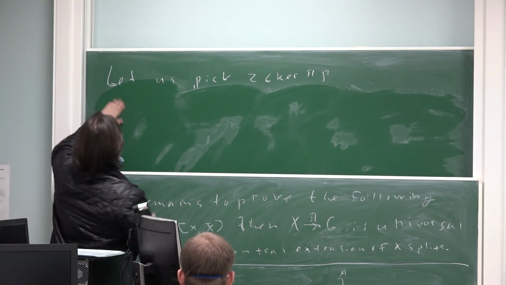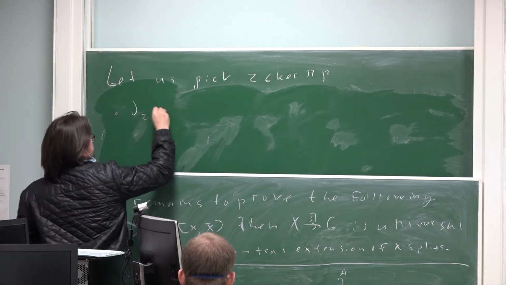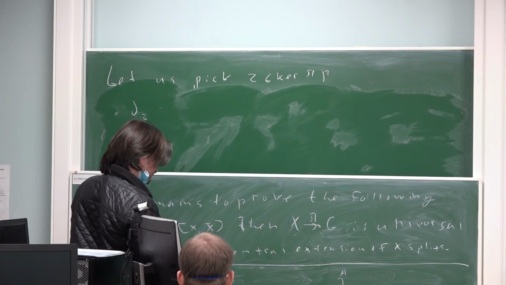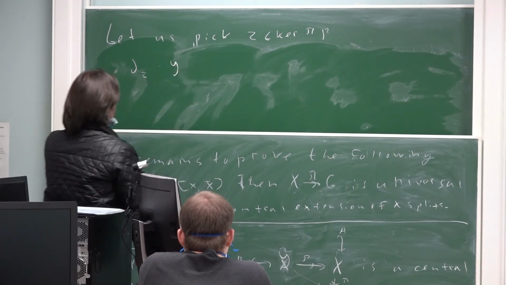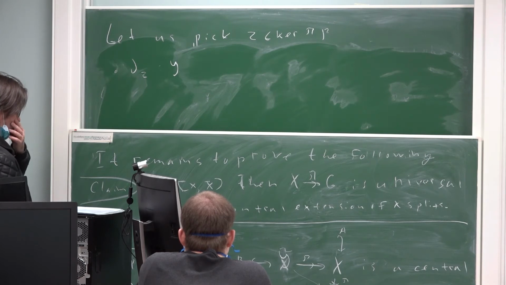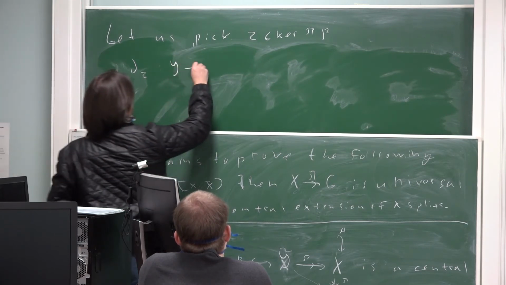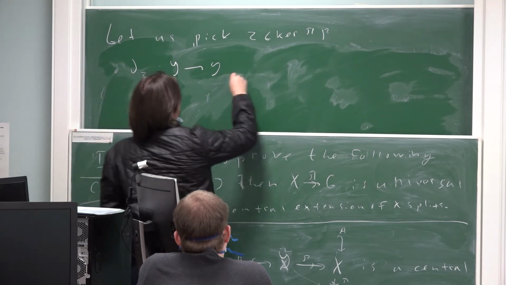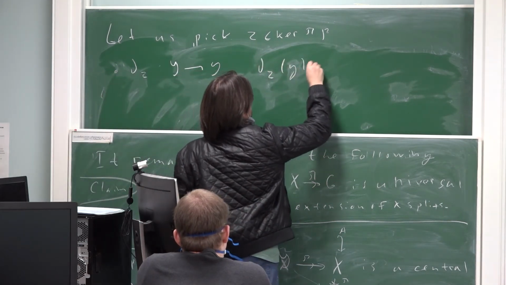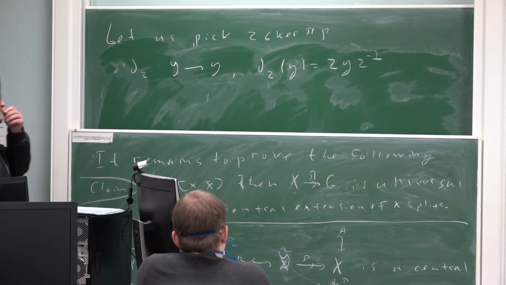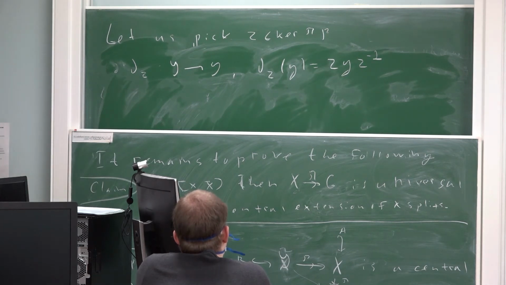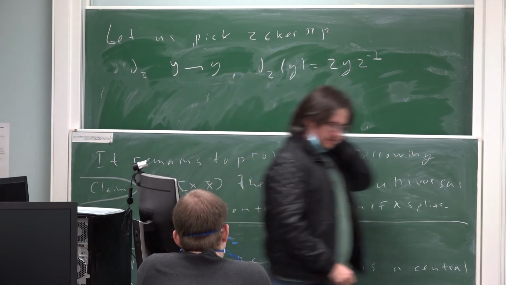Okay, let's consider first ν_z from Y to Y, that sends y to z y z⁻¹. And we want to show that ν_z is trivial.